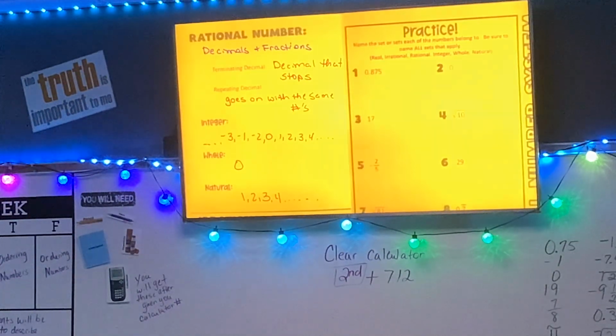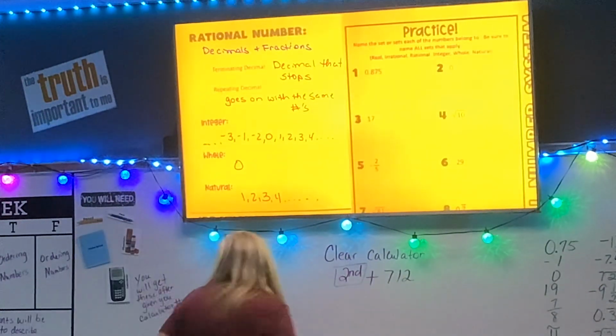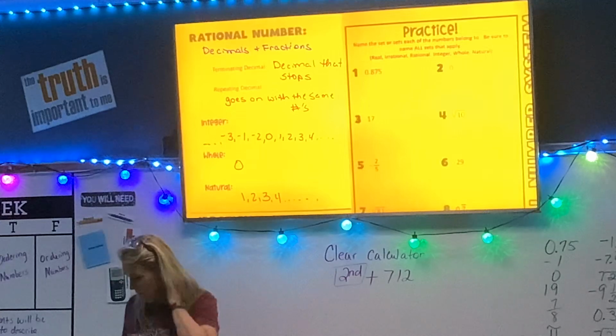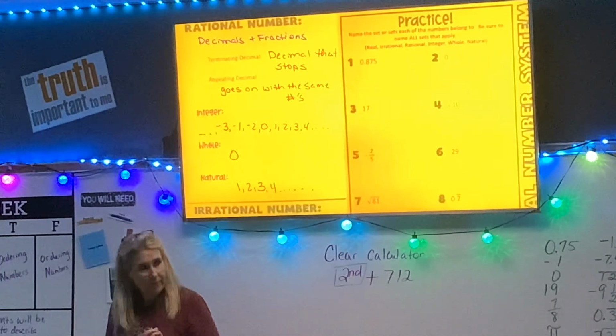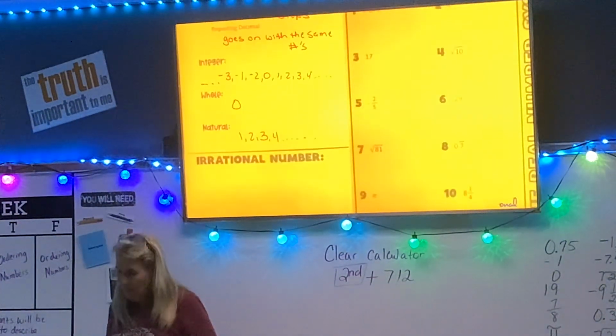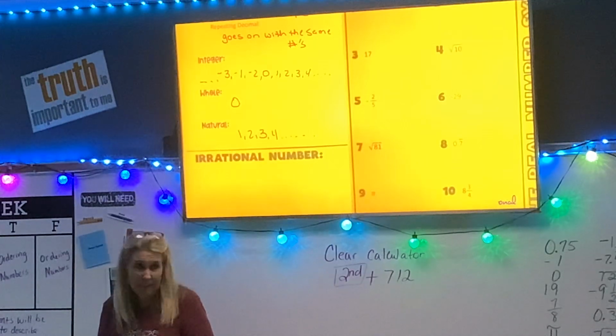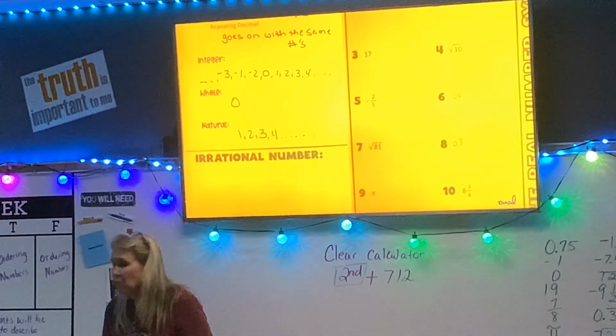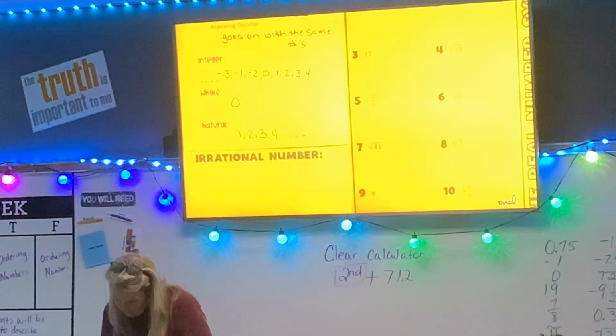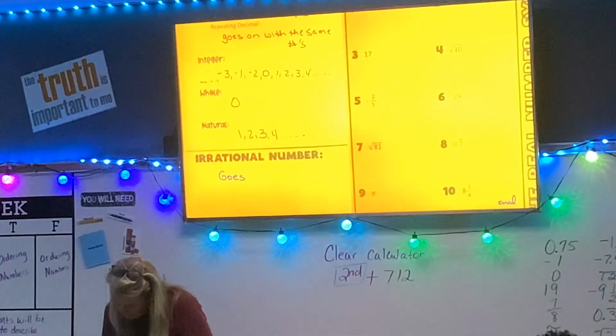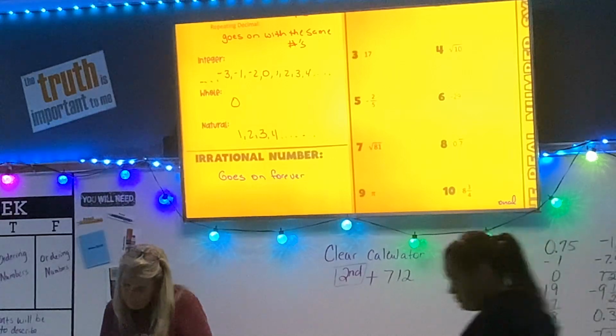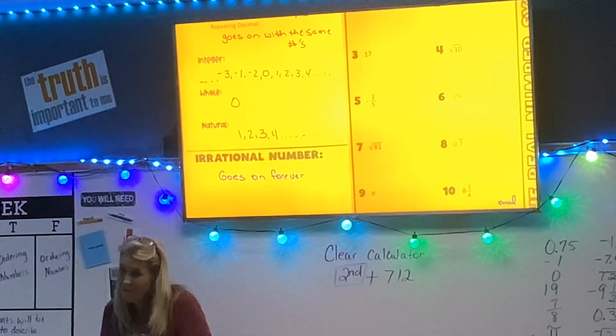And you're going to see how helpful that is here in a minute when we do a picture. An irrational number, like an irrational person, is one that goes on and on and on and on and on forever, and it does not repeat, and it does not stop.